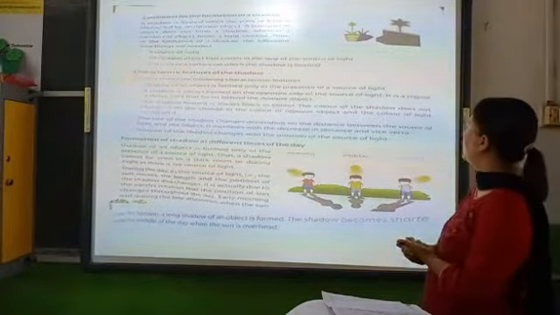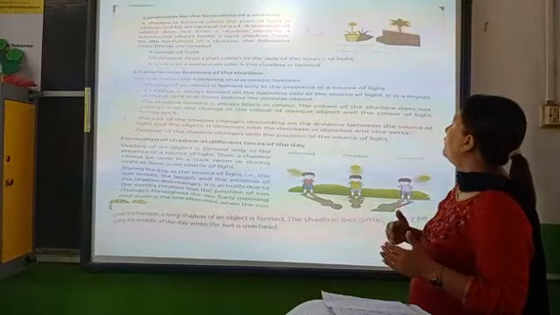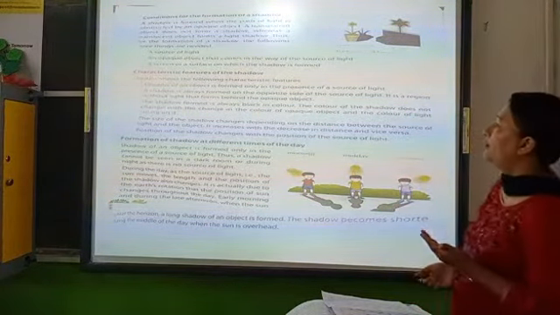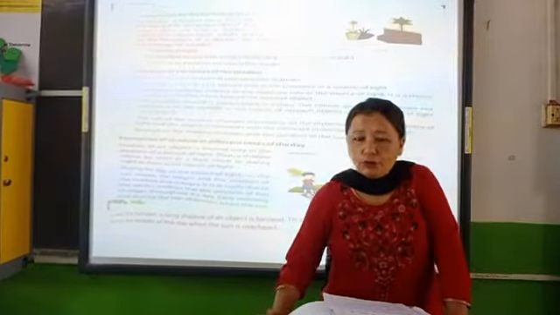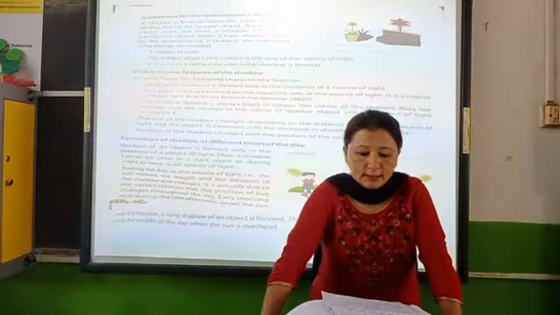The color of shadow does not change with the change in the color of the opaque object or the color of light falling on it. So the color of shadow is always black.